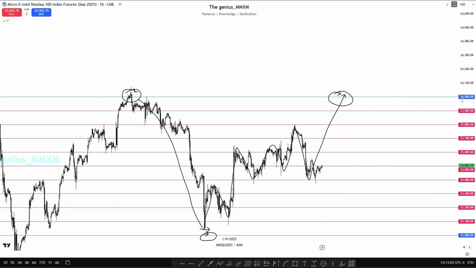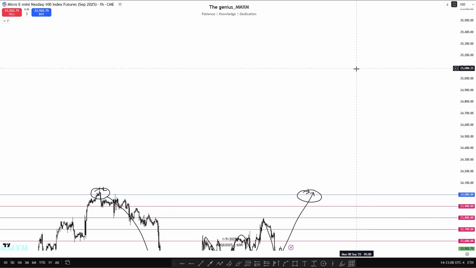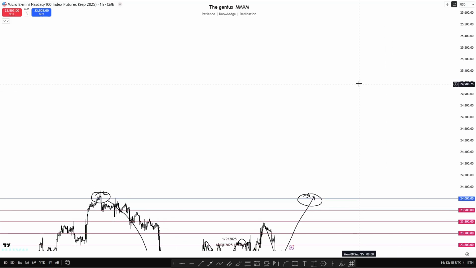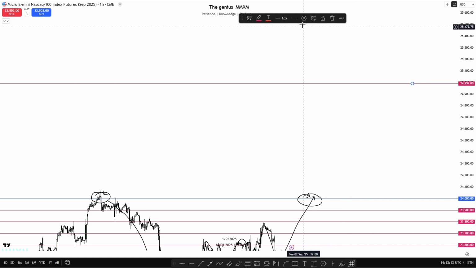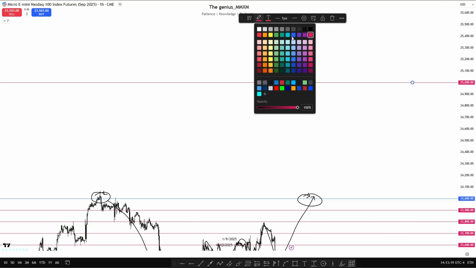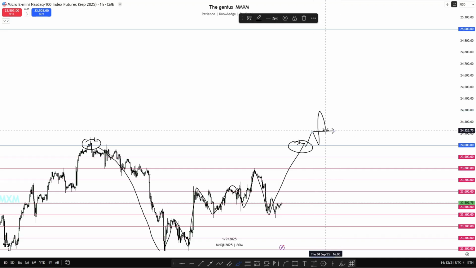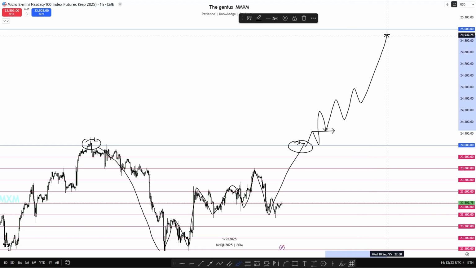As soon as we break the 24,000 level and find support, we can expect a movement to the 25,000 level. So, as soon as we break this, find support, and confirm that we are in a bullish market, we can move to the 25,000 level.